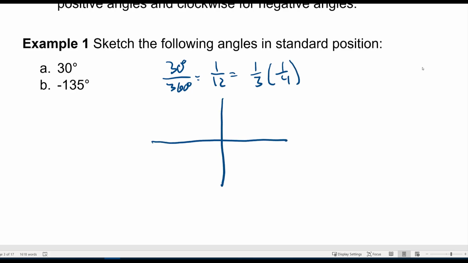Well, if we're starting here, think of this quadrant here. I'm going to change colors. Maybe this quadrant. That's 1/4 of the circle. And so we're talking about 1/3 of that quarter. So 1/3 might go somewhere around about here. So that'd be our 30 degrees.